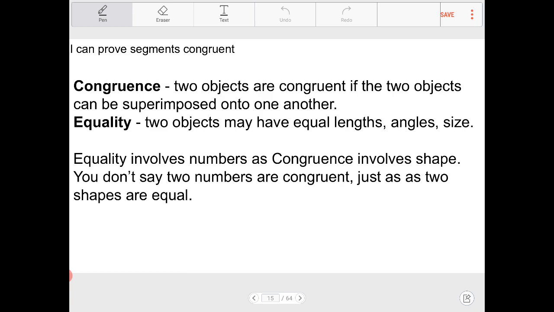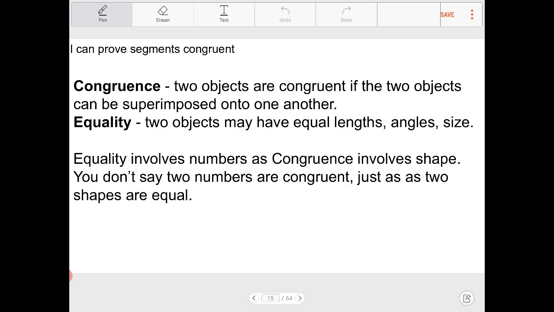Just one further word here: equality involves numbers, whereas congruence involves shapes. You don't say two numbers are congruent, just as you don't say two shapes are equal, right? So again, just pause a moment and think about it. You don't say two numbers are congruent. You say that two numbers are equal.